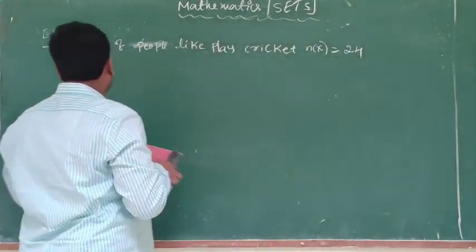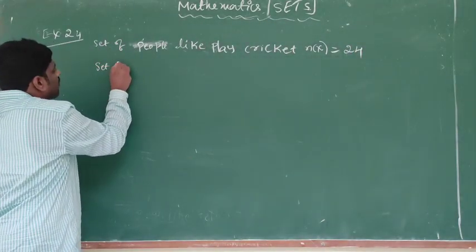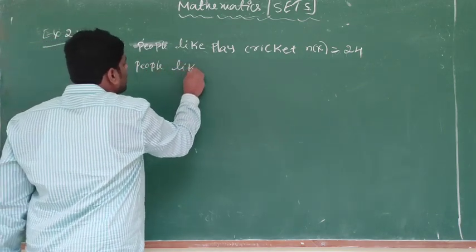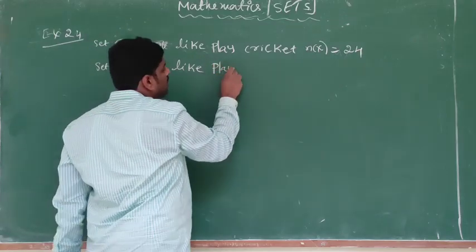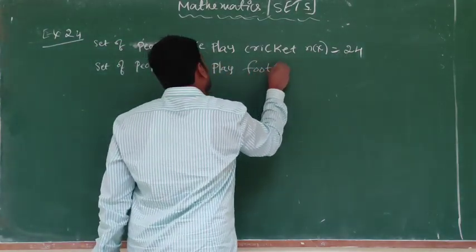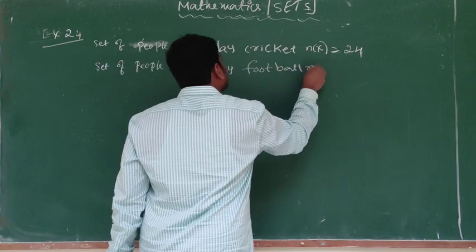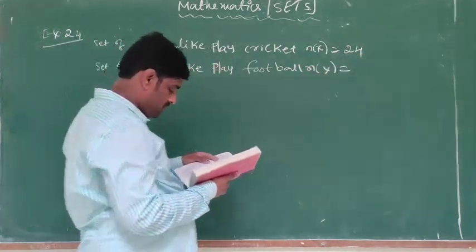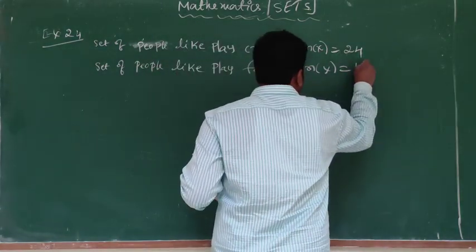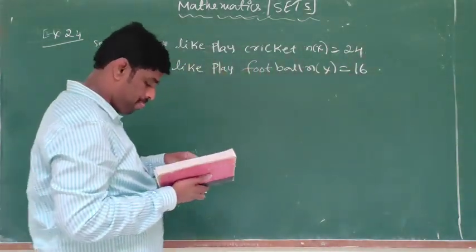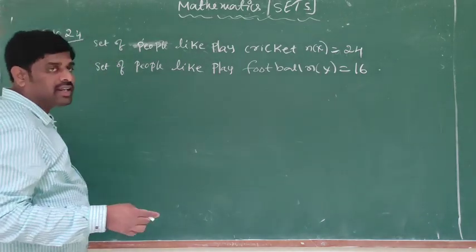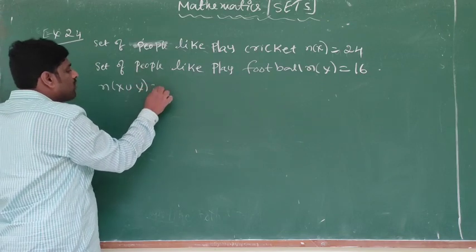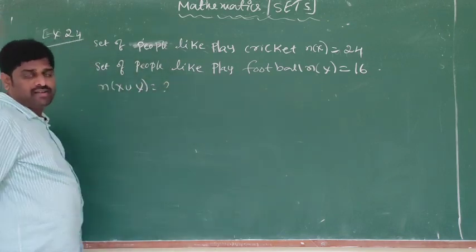Okay. The set of people who like to play football, n of Y is equal to 16. Okay. Now in a class of 35 students, that is X union Y is equal to question mark.